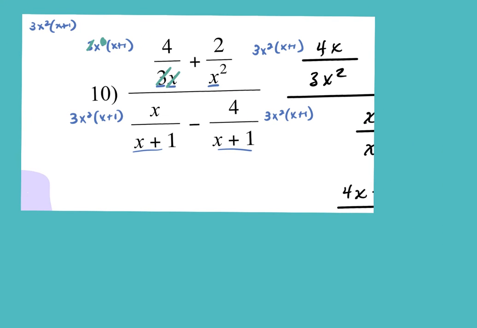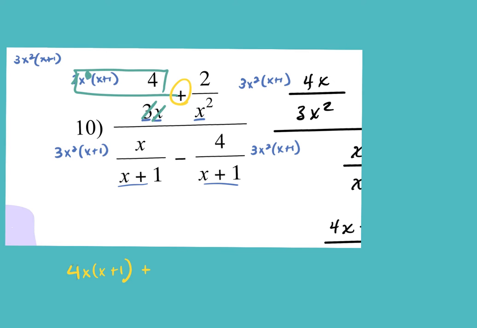And I end up with 4 times x plus 1. Then the plus comes from the sign in between. Then I go to the next one. From that one, the x squareds cancel. And I get 2 times 3 times x plus 1. So 6 times x plus 1.